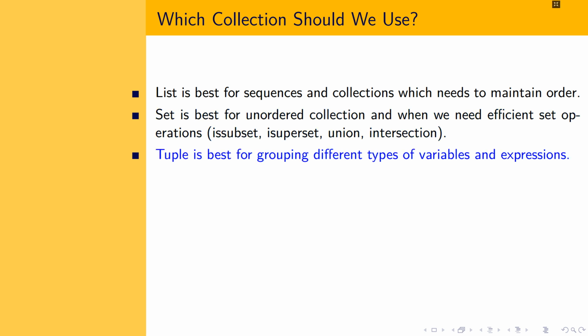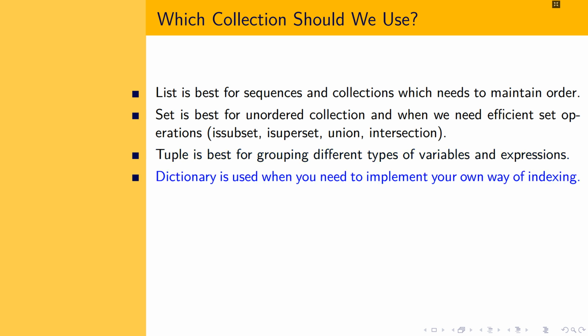The tuple is best for grouping different types of variables and expressions, and the dictionary is used when you need to implement your own way of indexing. You use a key instead of the index number from 0.